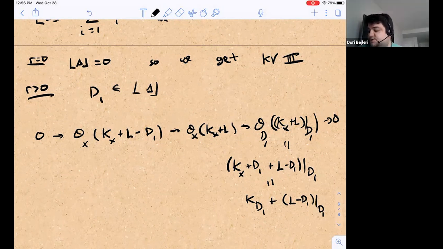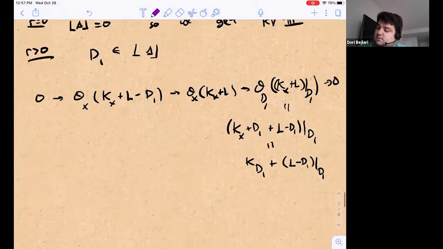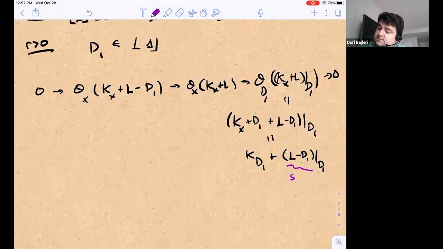So that's where our induction on dimension is really happening, because now we are looking at a sheaf or a divisor of the form canonical plus boundary on a lower dimensional thing. And of course, D_1 is smooth, and L minus D_1 is the sum of the other divisors in delta. And when we restrict those to D_1 by the SNC assumption, those will also be SNC. So this whole thing is an SNC divisor, and D_1 is smooth by our assumptions.